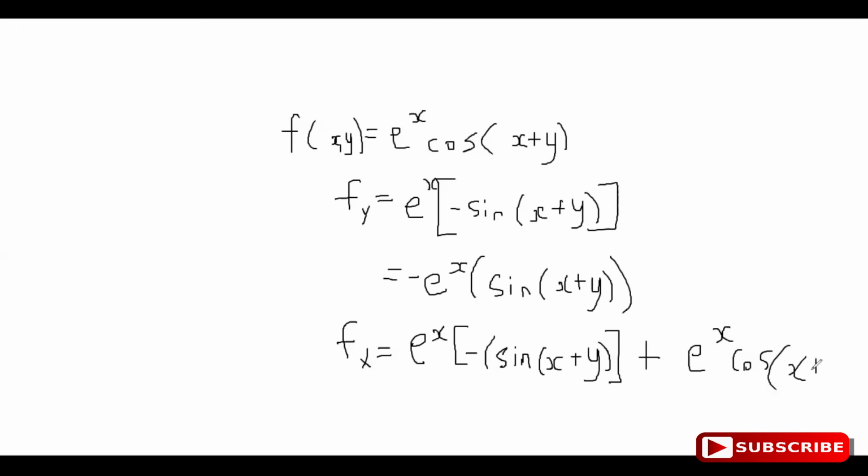And all they went further to do is then factor out e to the x. If you factor out e to the x, you get minus sine of x plus y plus cosine of x plus y. That's what they had.